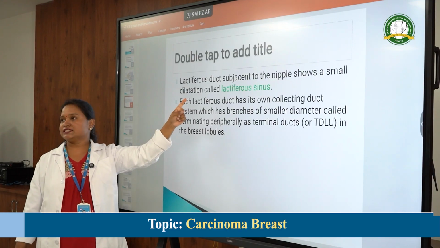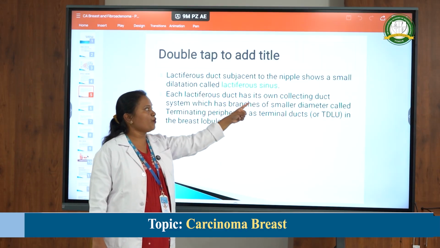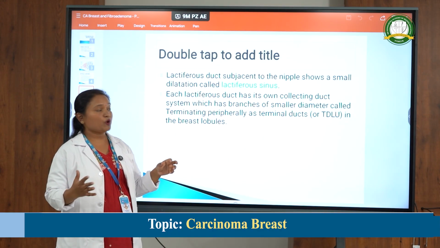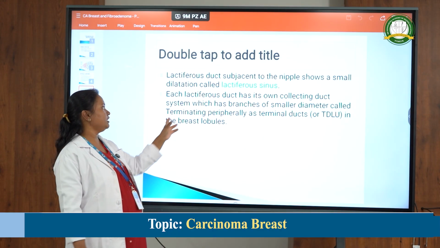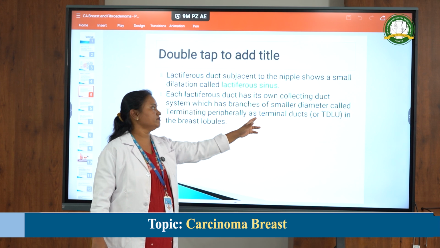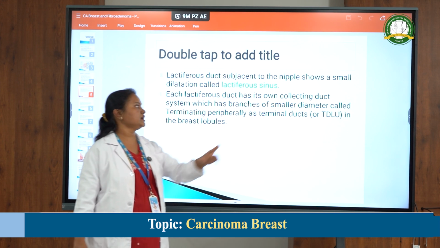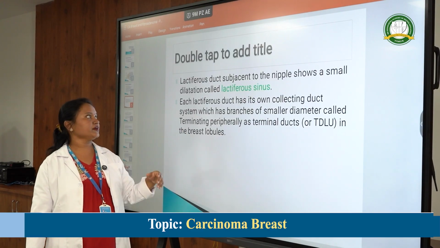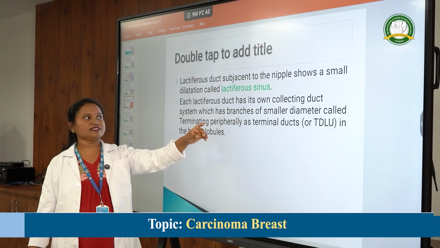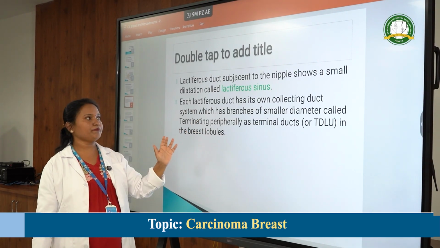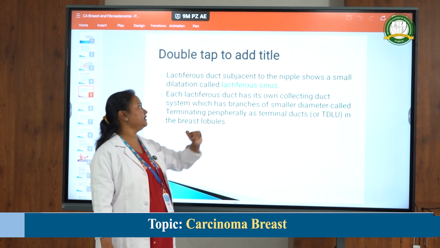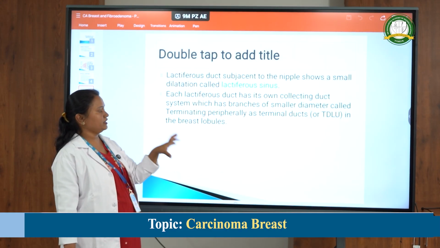Each lactiferous duct has its own collecting duct system, with smaller branches of smaller diameter terminating peripherally, which are also called terminal ducts or the terminal duct unit, in the breast lobules. As I've shown in the picture, you can make out in that microanatomy picture the collecting duct and main terminal ducts.